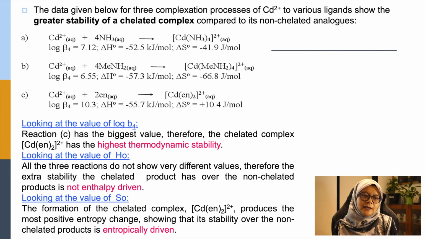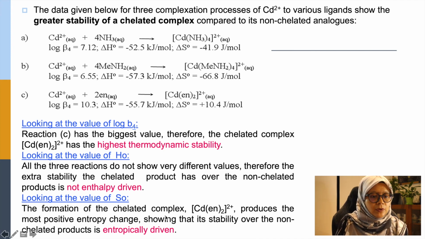Here we have data given for the cadmium complex ion with 3 different situations, A, B and C, that show the greatest stability of chelated complex compared to its non-chelated analogues.